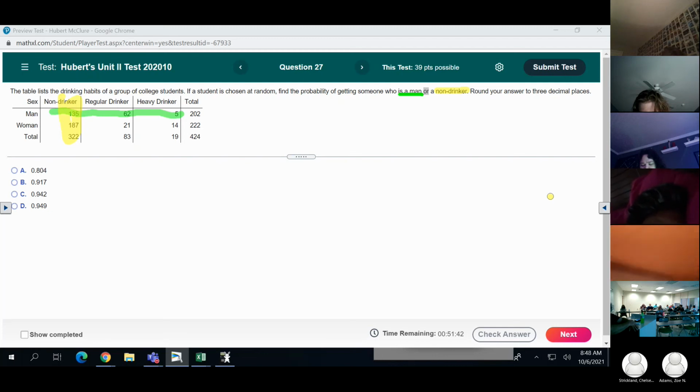You can say 202 plus 322, but you got to minus what? 135. You got to minus the overlap. So 202 plus 322 minus 135 divided by 424. And somebody give me Alpha, Bravo, Charlie, or Delta.